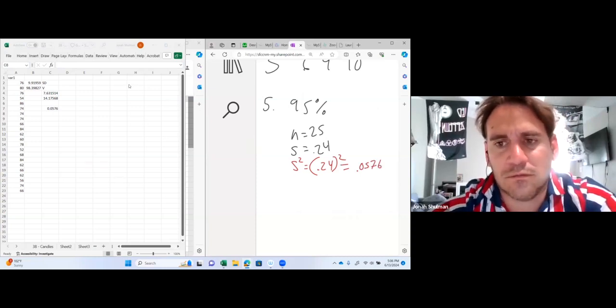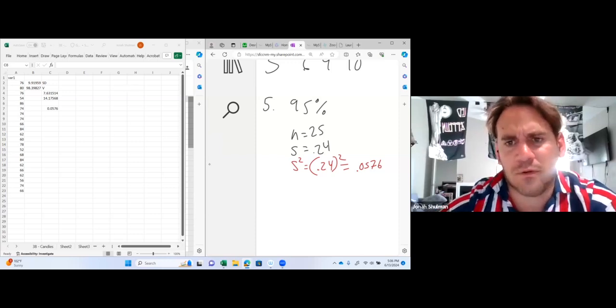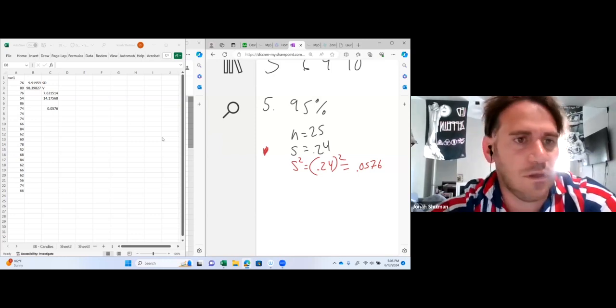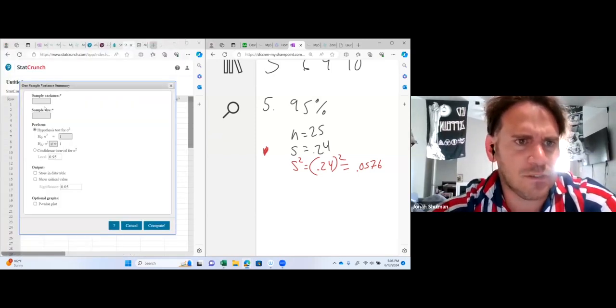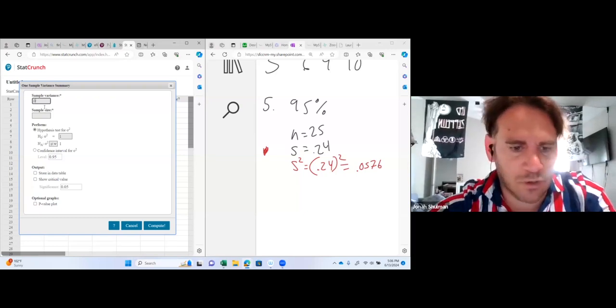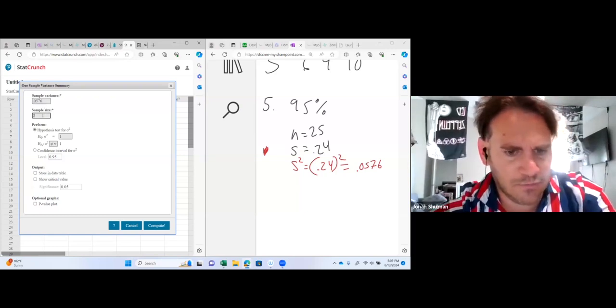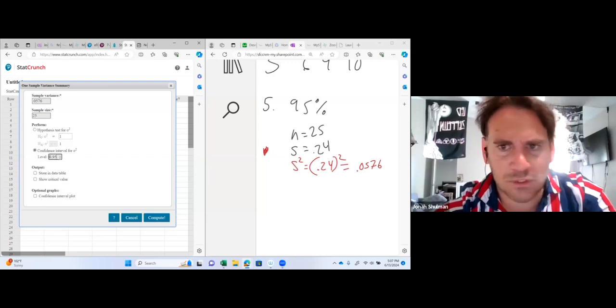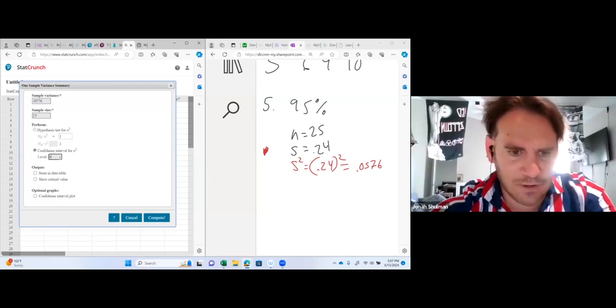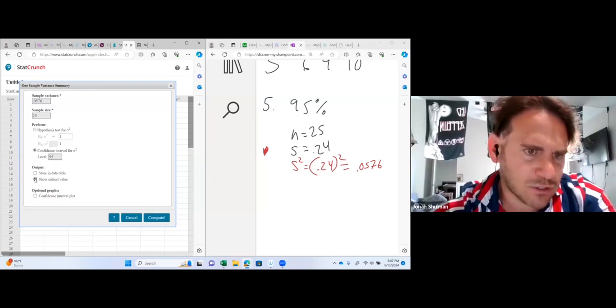Oh, wait. I messed up already. No, yeah, we need the variance. Whew, my brain, right? Sometimes the letters mess with me. So I believe it's 0.0576. Our sample size is 25. The confidence level is what? 95%. I want to show the critical value.